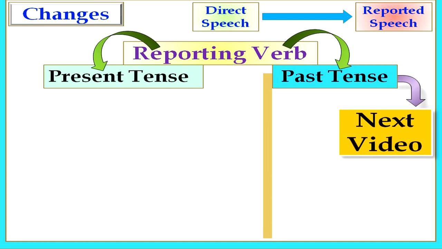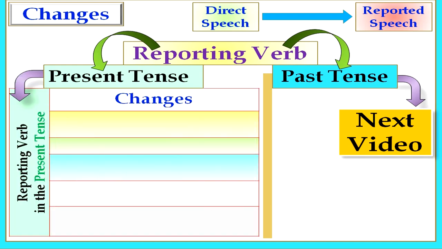So the focus in this video is the present tense. And what we mean by the present tense here is the different tenses of the present, like the present simple, the present continuous, etc. So now let's look at the changes that happen when we shift from direct into reported speech, and the reporting verb used is in the present tense.